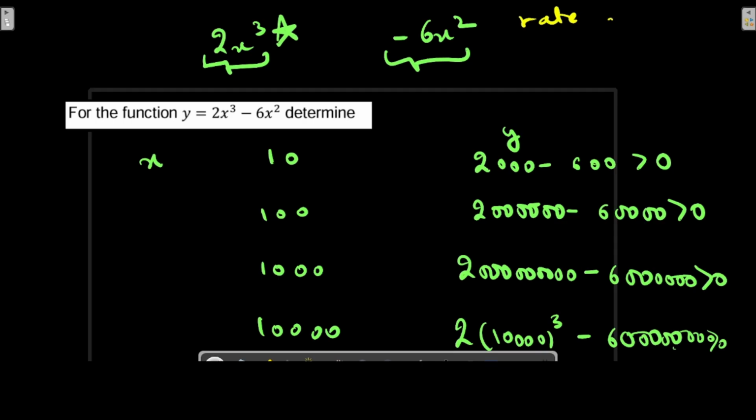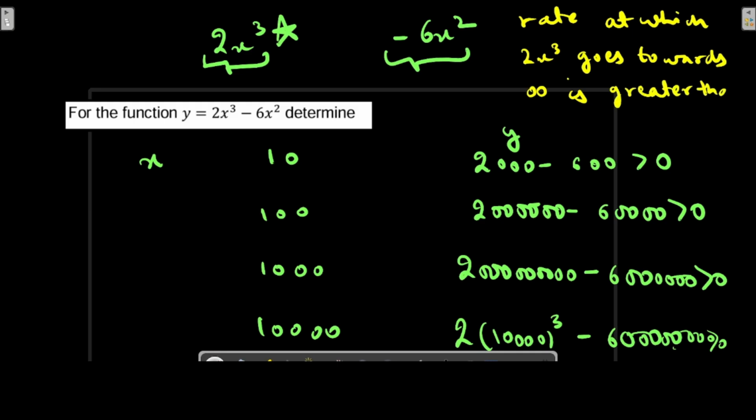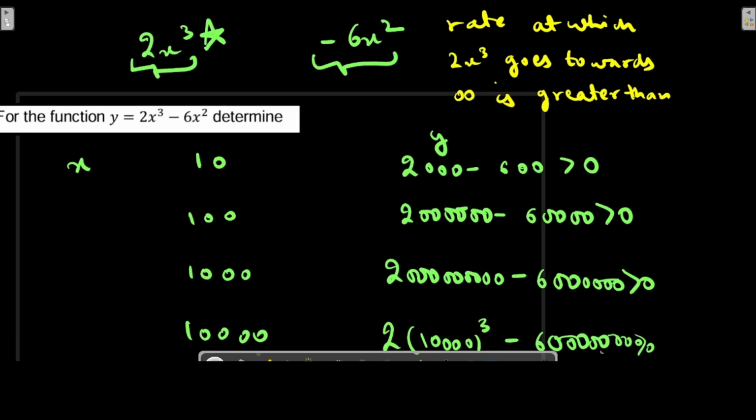So the rate at which 2x cube goes towards infinity is greater than negative 6x square going towards negative infinity. So the entire thing will be pulled on the positive side.